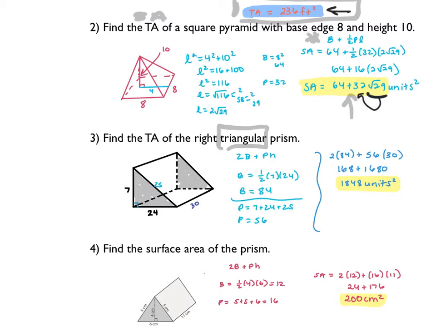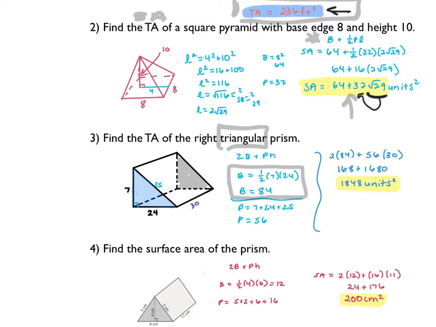So the formula for area of the base is 1/2 base times height, or base times height divided by 2, which is what was calculated here. And then the perimeter of this base shape, I needed to do Pythagorean theorem to find the hypotenuse of the blue triangle, because I needed to calculate perimeter.